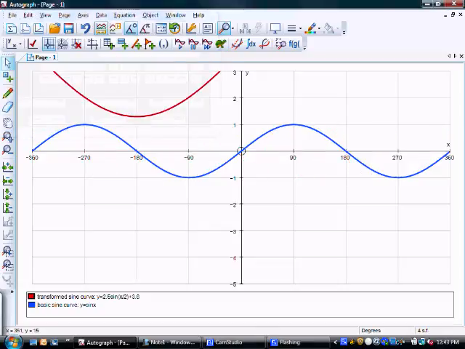Let's graph that. I'll change my axes again. Actually, let's have a think about what values we need for our axes. Now, a very important point is that from the basic sine function, you can see that the highest value you can get is 1, and the lowest value you can get is negative 1. That's all you'll ever get out of a sine function before you start multiplying and adding things. So sine x over 2 will still only give you values between 1 and negative 1.